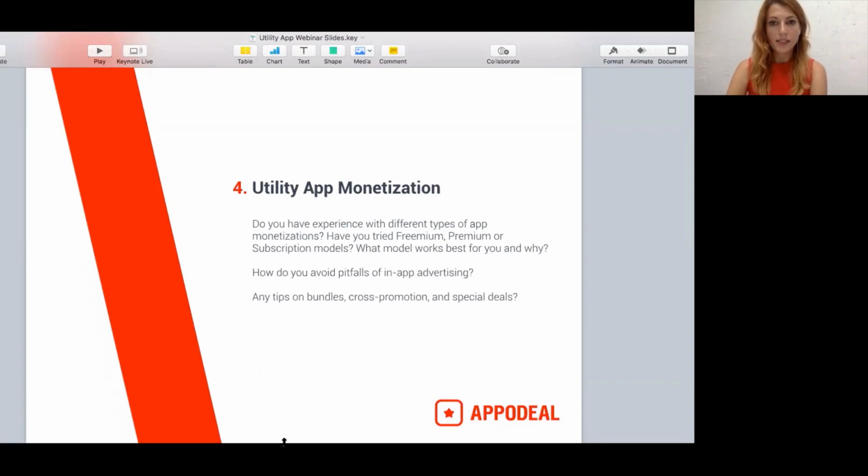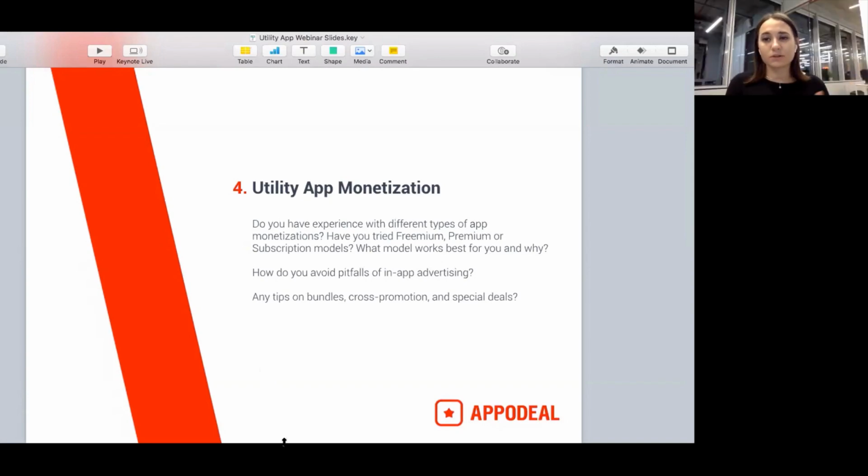So I mean, getting back, for example, to Metronome, but it's pretty much the same story for all the utility apps we have. So we had a freemium version and a premium version simultaneously. And the premium version had some additional features, but I can't say that it was the best choice.